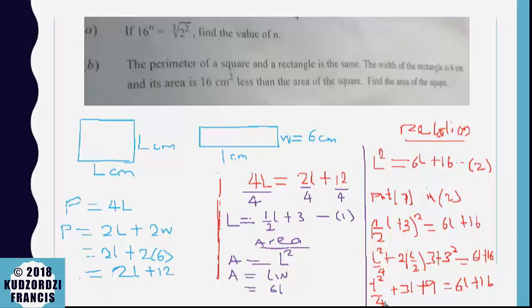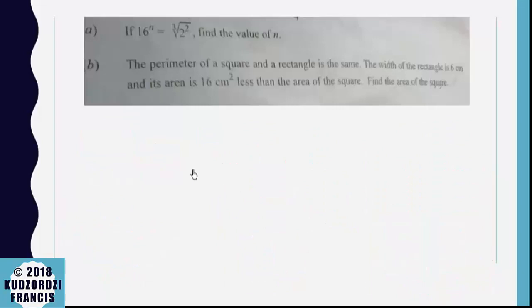So we can simplify this further. What we can do here is group like terms.